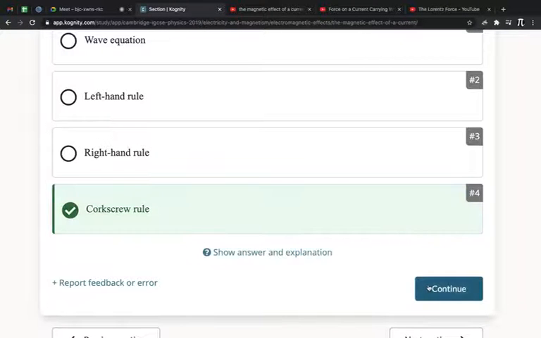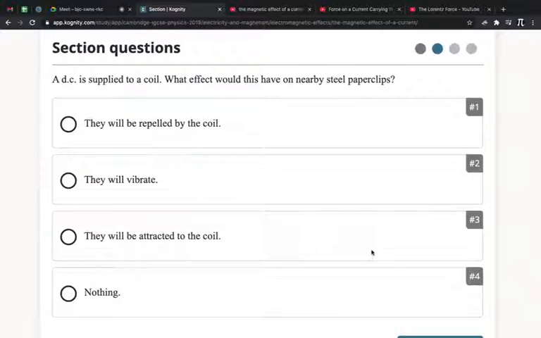Alright, let's see the second question. A DC is supplied to a coil. What effect would this have on nearby steel paper clips? Raise your hands.